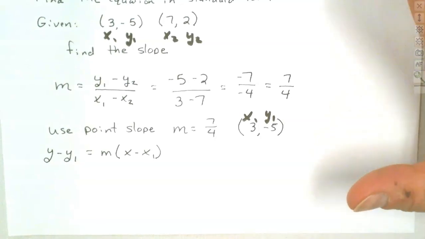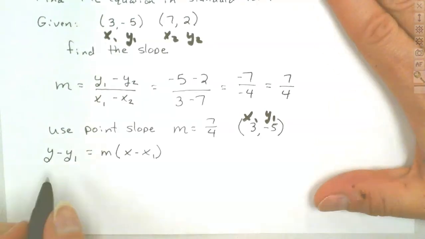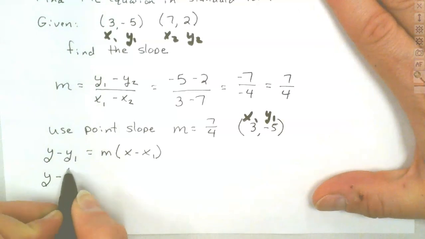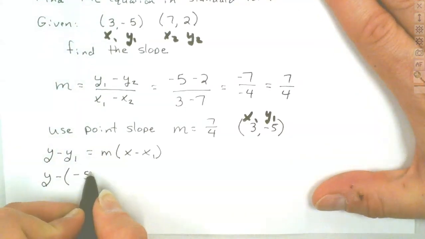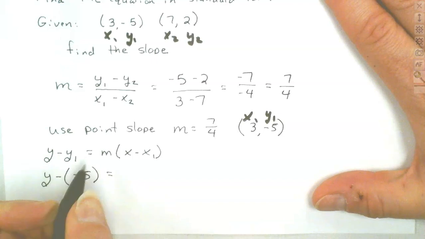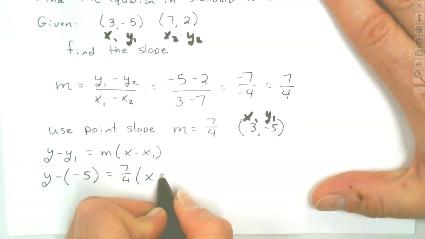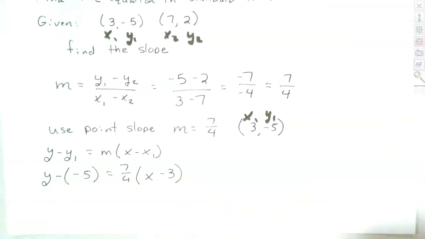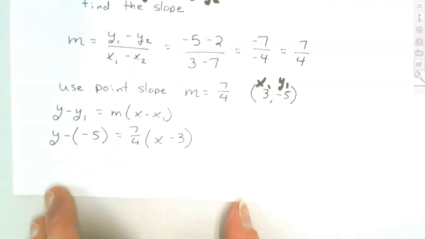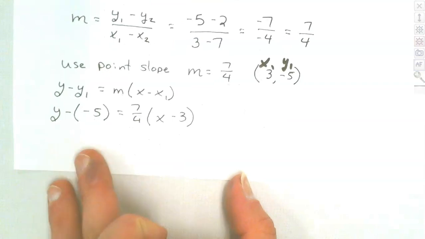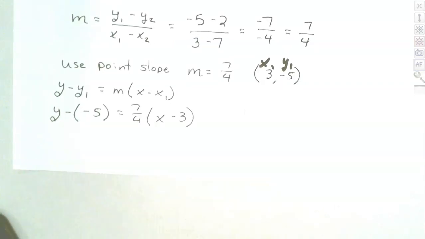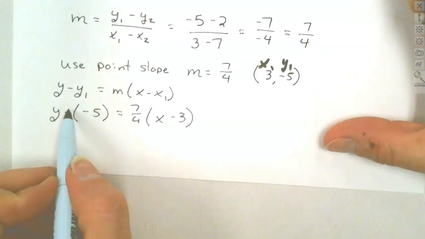Again, watch out for those double negatives if you have any. So we've got y minus a minus 5 equals 7/4 times x minus 3. The double negative at that 5 makes it positive.